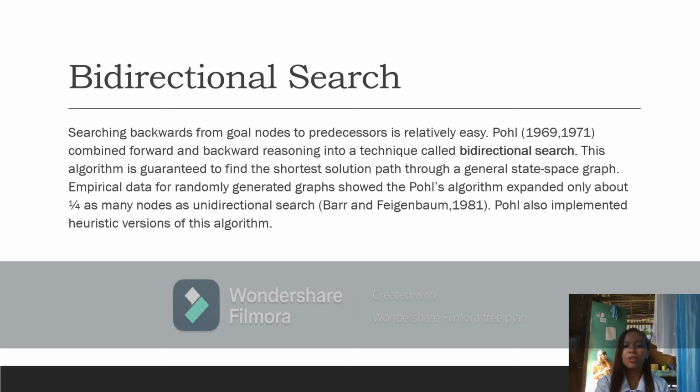The idea is to replace a single search graph, which is likely to grow exponentially, with two smaller graphs, one starting from the initial state and one starting from the goal. The search is approximated to terminate when the two graphs intersect. This algorithm is guaranteed to find the shortest solution path through a general state space graph.